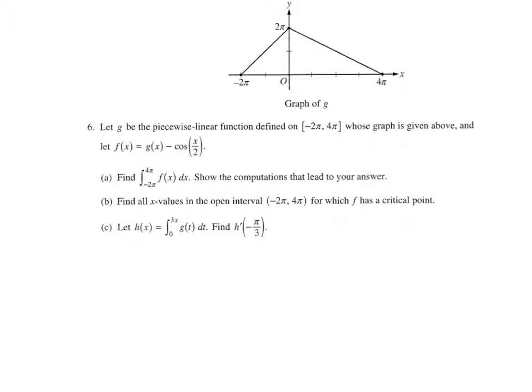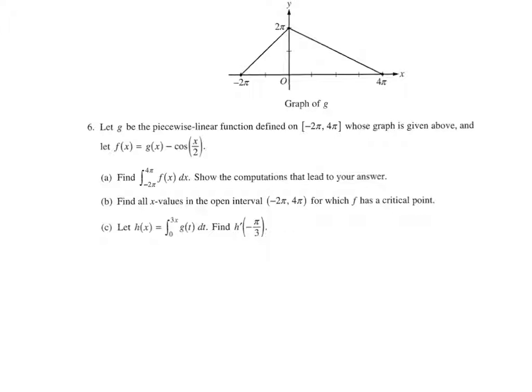That would be the integral of g of x from negative 2 pi to 4 pi minus the integral of cosine of x over 2 going from negative 2 pi to 4 pi, and use that to solve it.